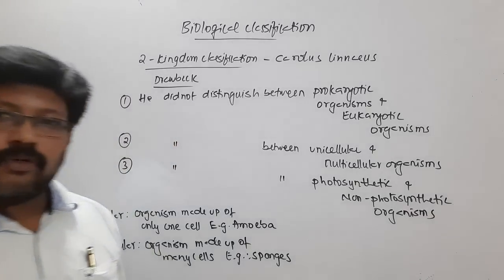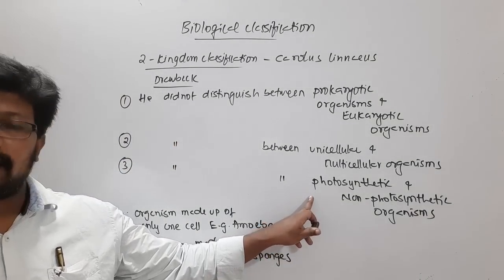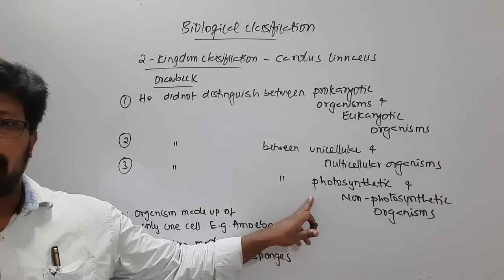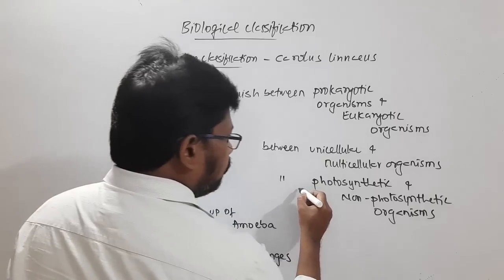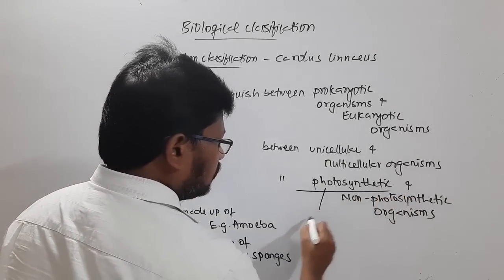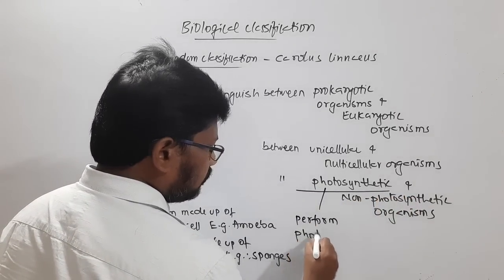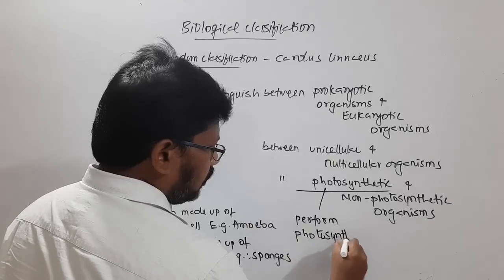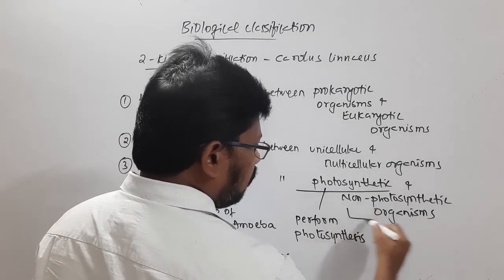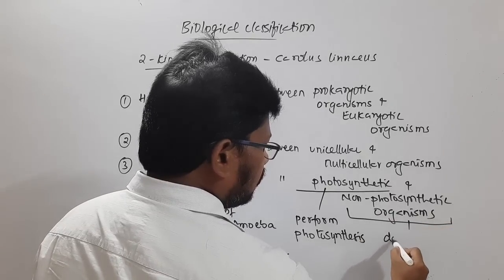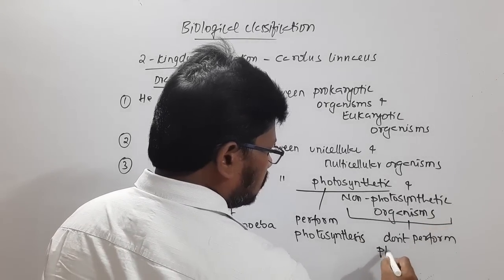Right? Photosynthetic organisms are the organisms that synthesize their own food by the process of photosynthesis. It means photosynthetic organisms perform photosynthesis, whereas the non-photosynthetic organisms do not perform photosynthesis.